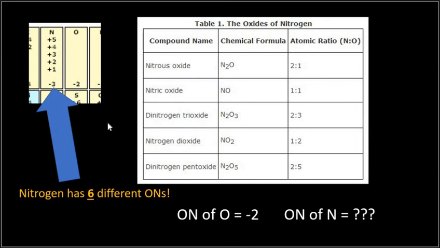Okay, so just because nitrogen has 6 different oxidation numbers and oxygen only has the one that we're going to worry about, you can realize that depending on how they combine together, you can get lots of different answers for what the oxidation numbers of nitrogen should be. And you should be able to figure out which oxidation number is being used by the nitrogen depending on what the ratio is in combination with the oxygen.